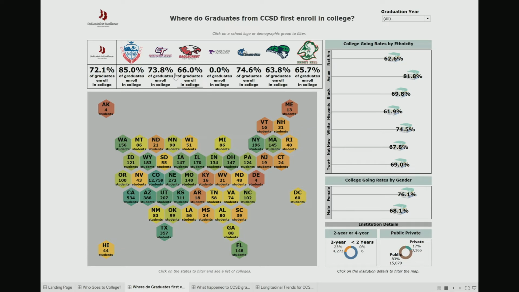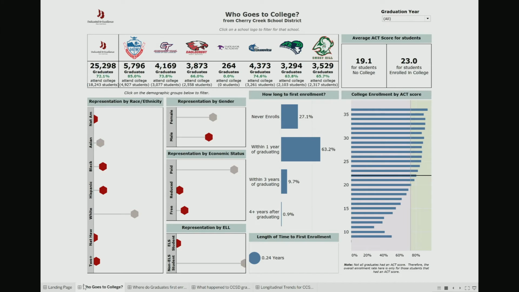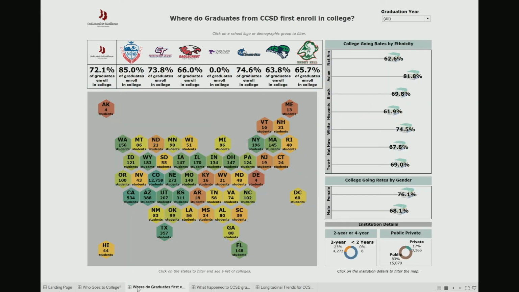So up at the top we have college enrollment rates. Again, it ties back to our first dashboard, really following some of those guided analytics principles. And the green number here on this dashboard becomes the black number here, the big number. You have a representation of where your kids go geographically.